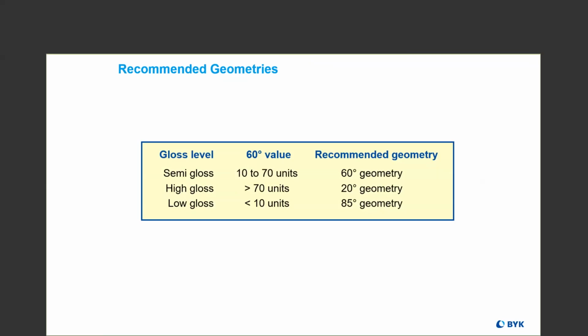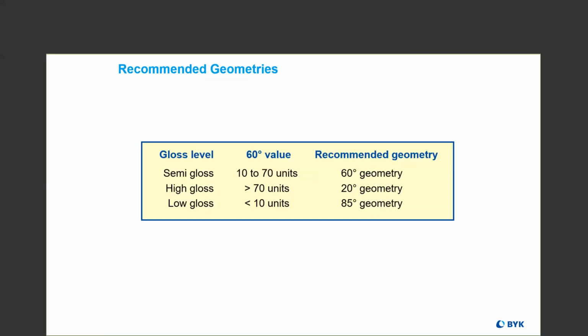And so this is the general recommendation that we make for when to use the different geometries. If you take a measurement of your surface with a 60-degree geometry gloss meter and you get a value between 10 and 70 gloss units, we would say that's the semi-gloss range, and it's best to use a 60-degree geometry meter for materials in that range.